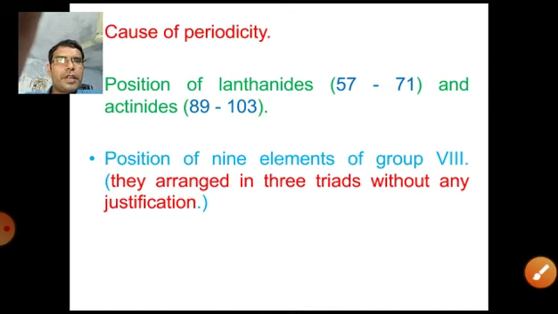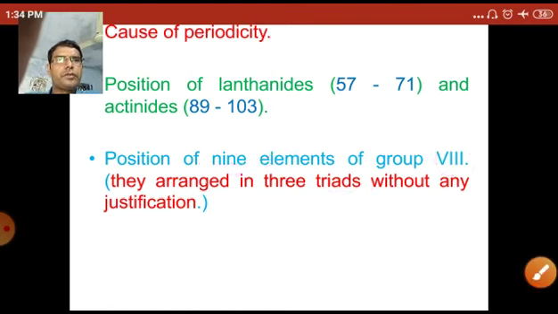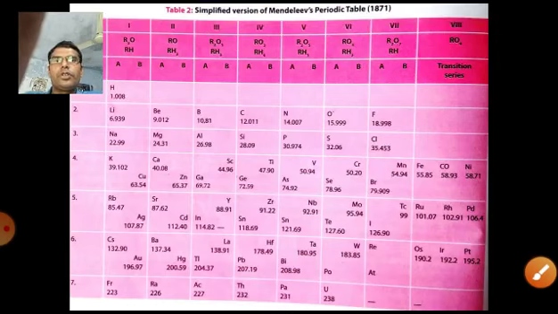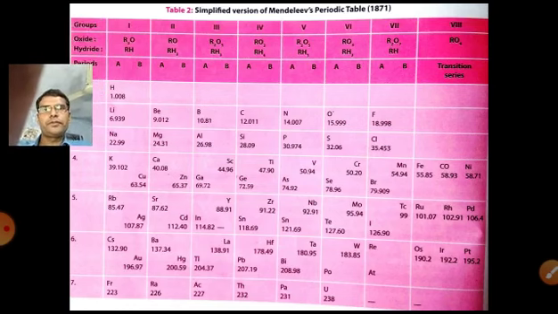Now, the position of the 9 elements of group 8. In the Mendeleev periodic table, in the 8th group, a total of 9 elements were arranged in 3 triads without any justification. Due to these reasons, the Mendeleev periodic table was discarded by scientists.